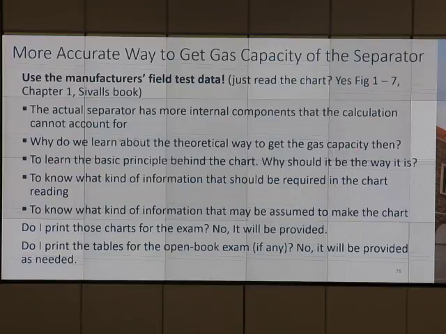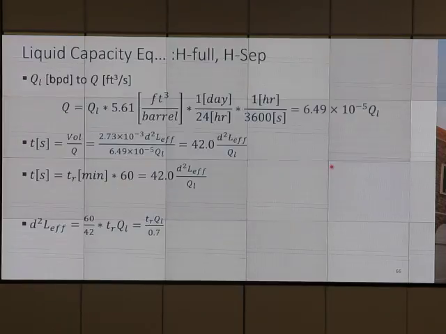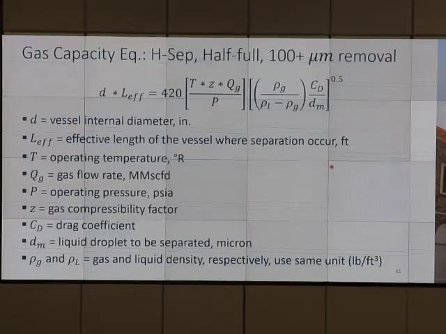But I want you to know about that anyway, to learn the basic principle behind the chart. What is the basic principle behind the chart? Why should it be the way it is? Look at the formula, you will see that the size of the vertical separator for the gas capacity is dependent upon Z, right?